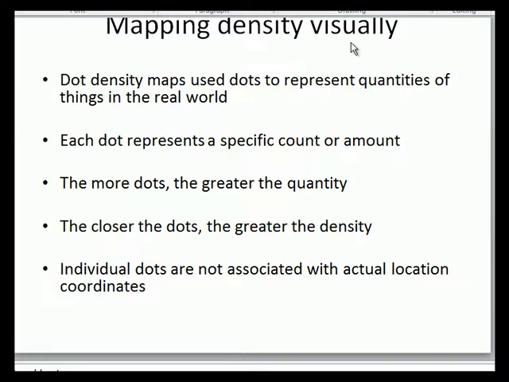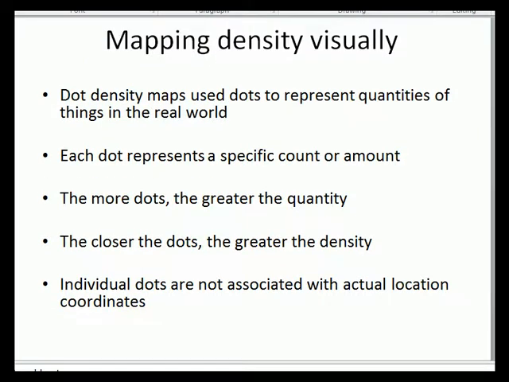We also map density visually through something called dot density maps, where we use dots to represent quantities of things in the real world. Each dot on one of these maps represents a specific count or amount. The more the dots, the greater the quantity. The closer the dots, the greater the density.